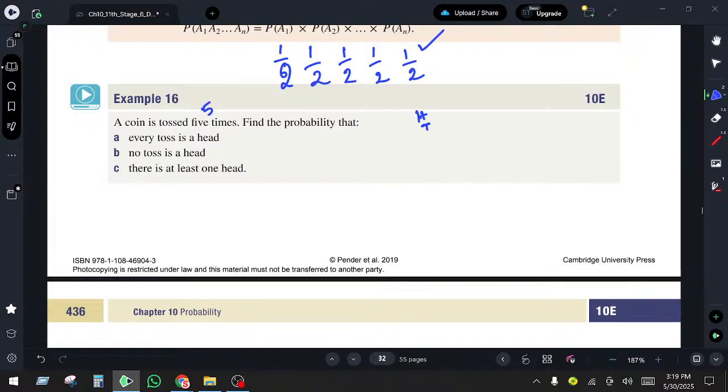You will get 2 power 5 outcomes, and in that, all heads is only 1. So for every toss to be a head, 5 heads have to come.